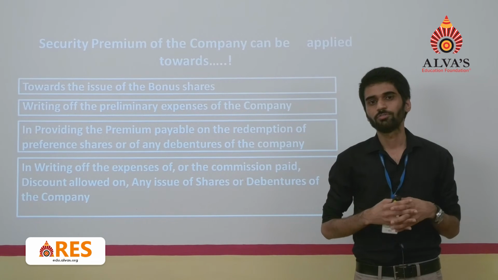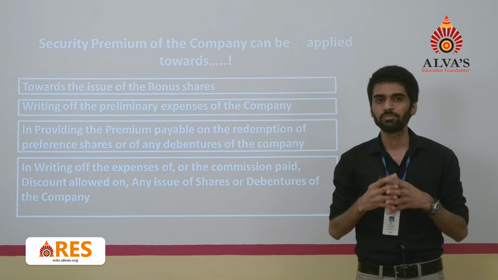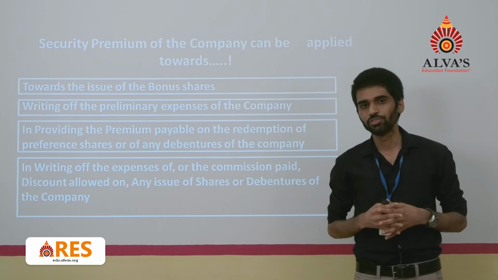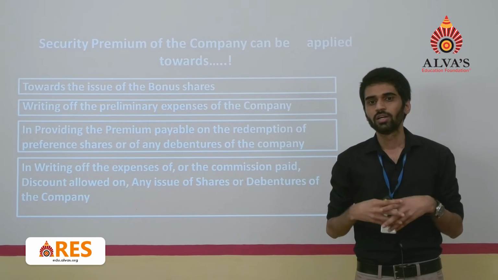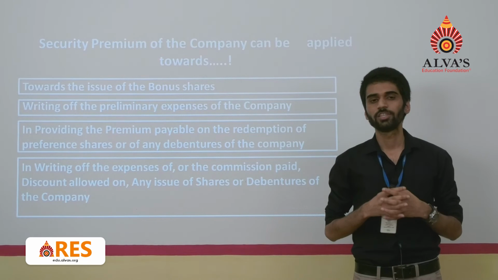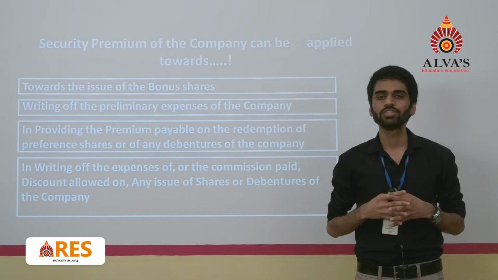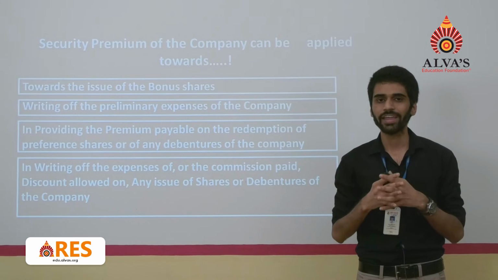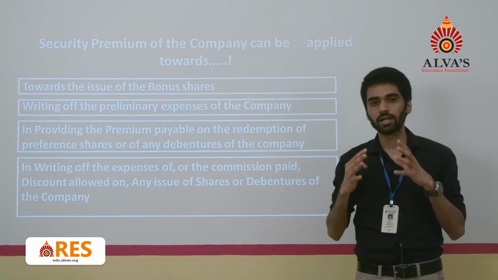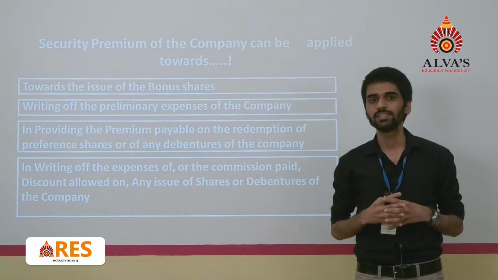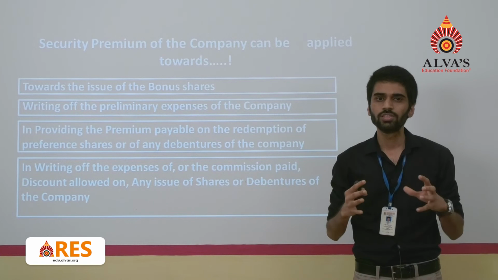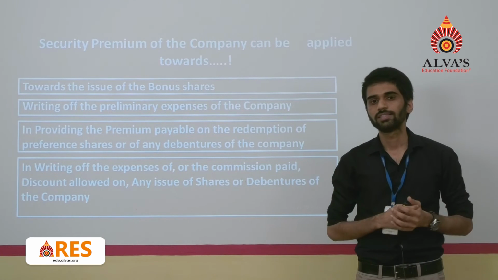It can be used for repayment of the shares at premium. It can be used to allow the discount, or to pay the commission in the case of issue of debentures of the company. So, these are the certain uses of the securities premium account upon which the company has to be very careful. Other than these cases, the company cannot use the premium account likewise.